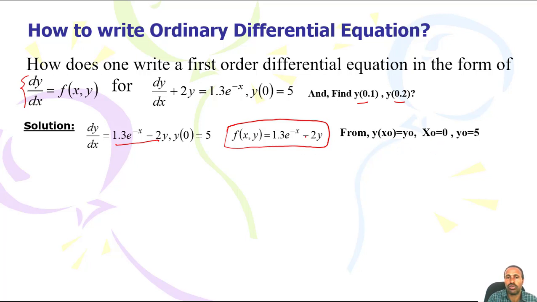This value is important, which is x naught. Clear? Then you start from that, which is f of x naught, y naught, etc. According to Euler's method, Runge-Kutta method, or Taylor series expansion, you can start. So I think this is nice.